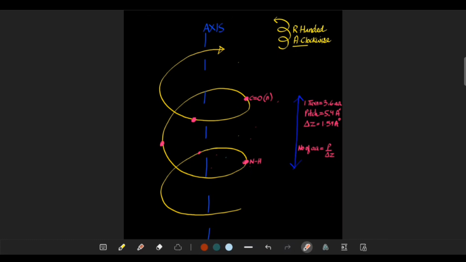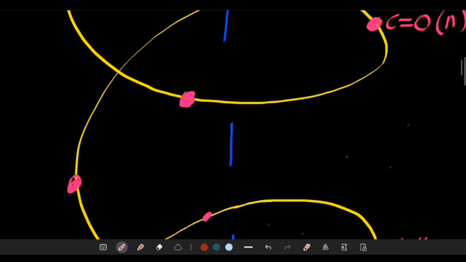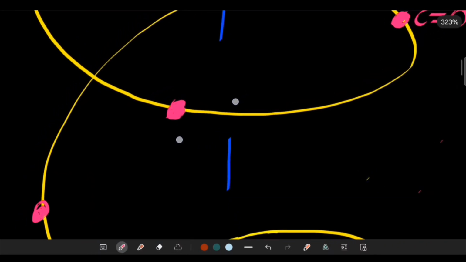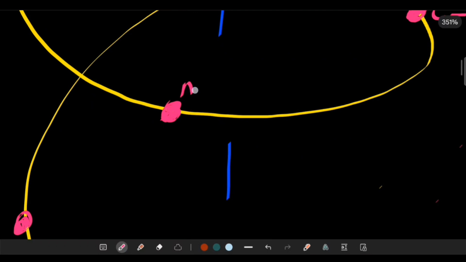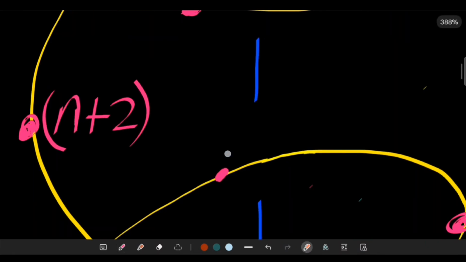So I'm going to name it N, of course. And then this is the second amino acid, right? Am I going to name it N2 or N plus 1? I'm going to name it N plus 1, right? So this is N plus 1. What about this one? This is the third one. This is going to be N plus 2. What about this one?